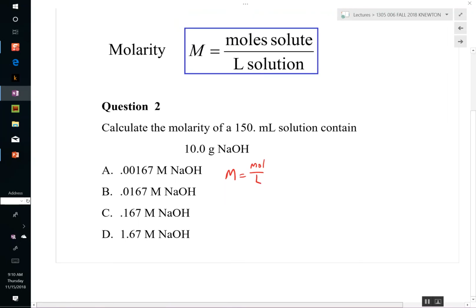Those of you that are figuring out the molar mass of sodium hydroxide are on the right track. We've got grams here of sodium hydroxide.